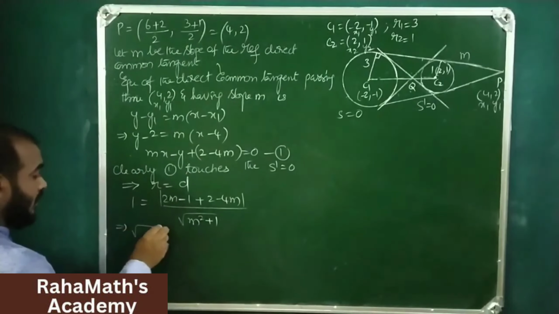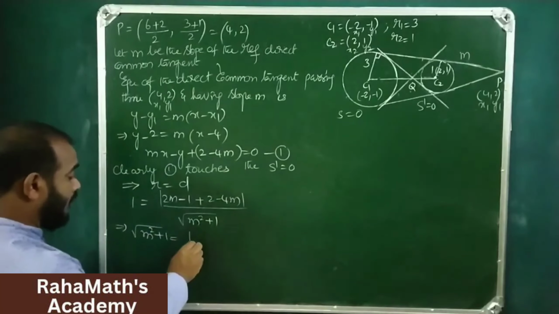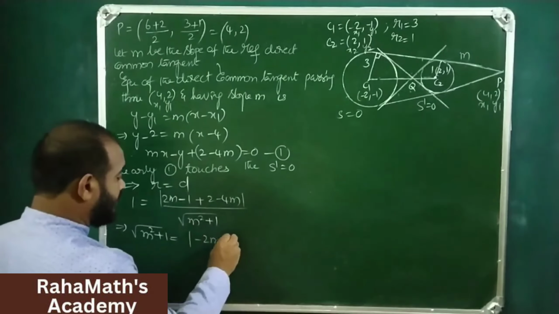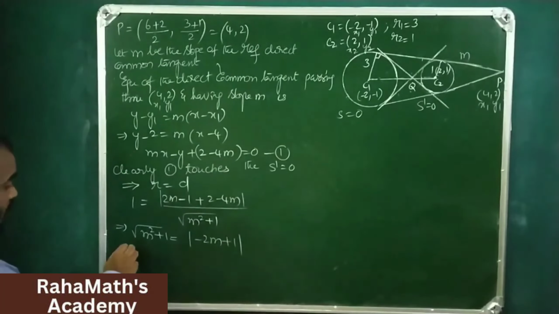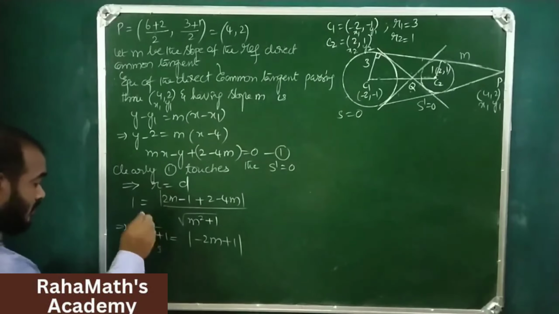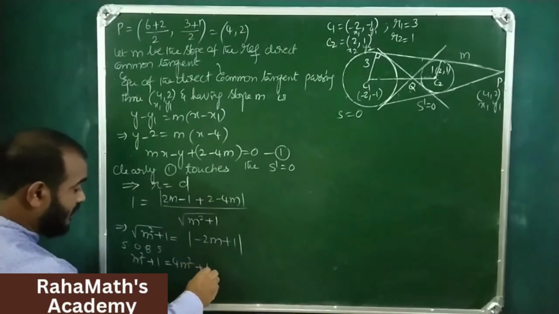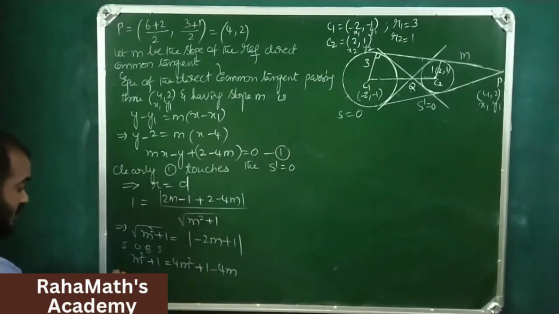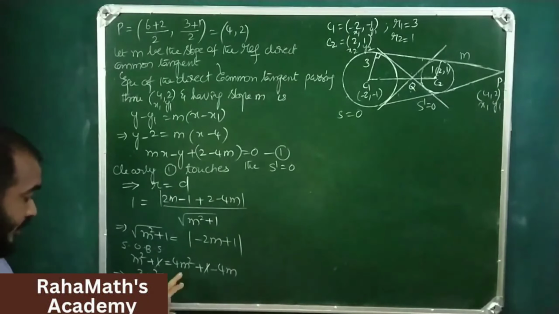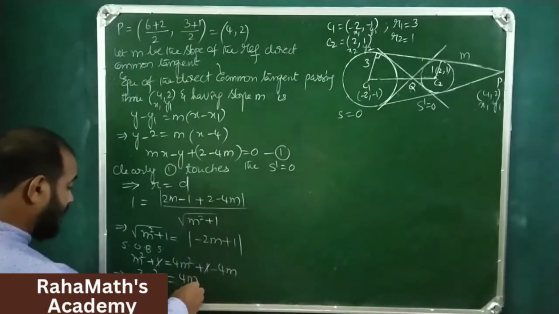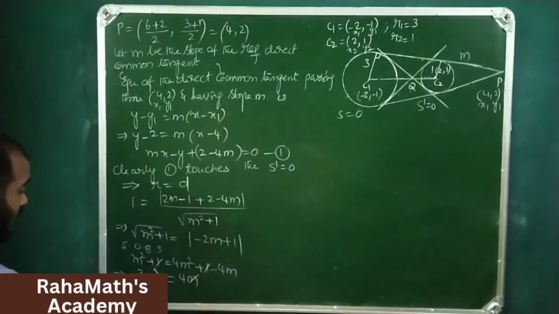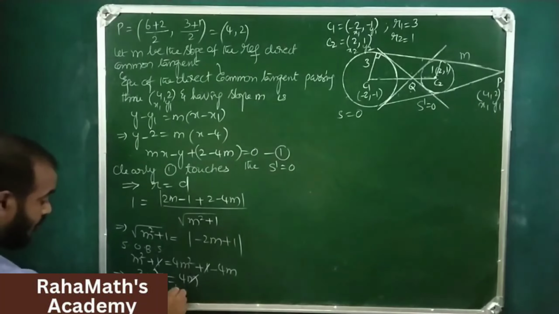So cross multiplication, m square plus 1 equals, 2m minus 4m, 2 minus 1 plus 1, all squared. So squaring on both sides, m square plus 1 equals 4m square plus 1 minus 4m. So 4m square minus m square is 3m square equals 4m. So m gets cancelled. Therefore m equals 4 by 3.